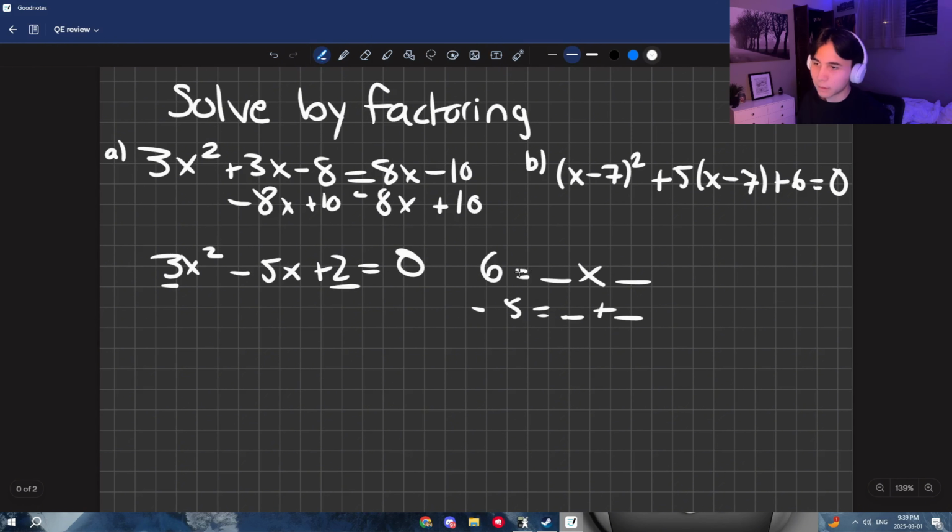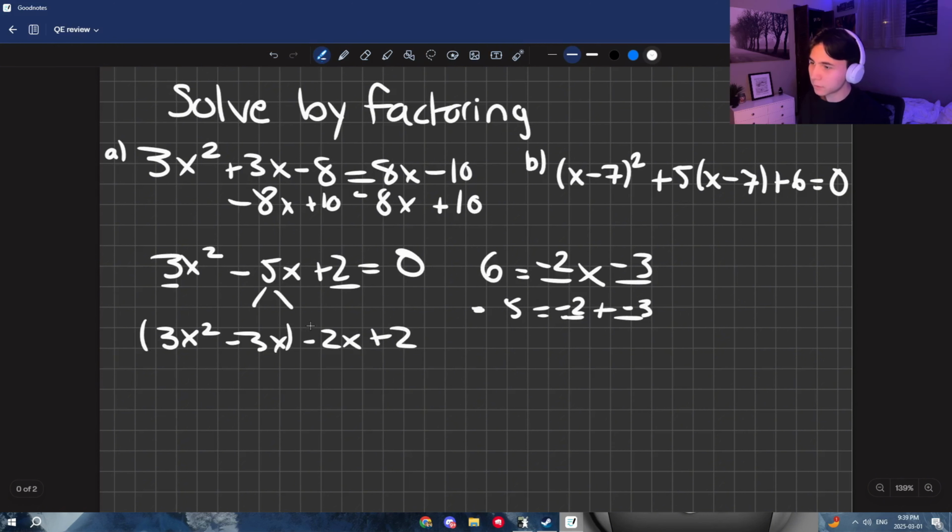In this case, what works is negative 2 times negative 3, negative 2 plus negative 3. So we're going to split this middle term into exactly that: 3x squared, negative 3x, negative 2x, plus 2.